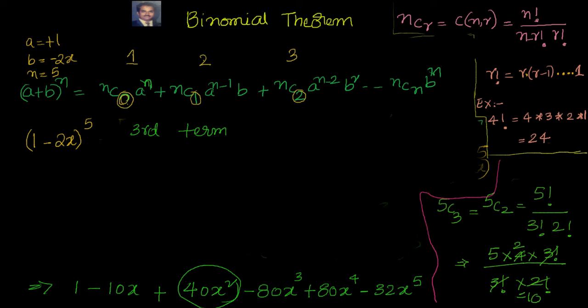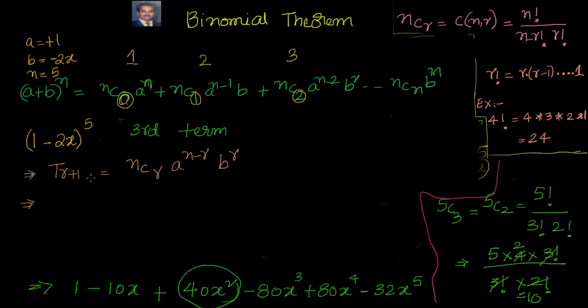Now how will I resolve? I'll say first T of r plus 1 is equal to NCr a to the power of n minus r into b to the power of r. In some textbooks they take x and y, they take 1 and x, whatever it is, just whatever is convenient to you, doesn't make any difference.